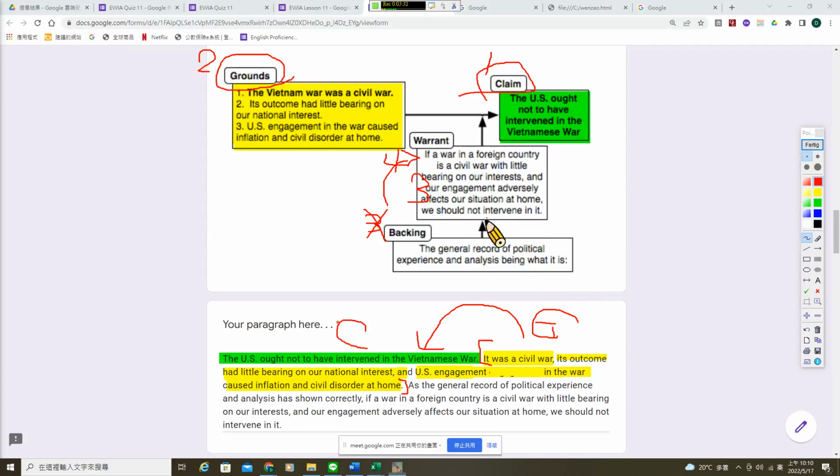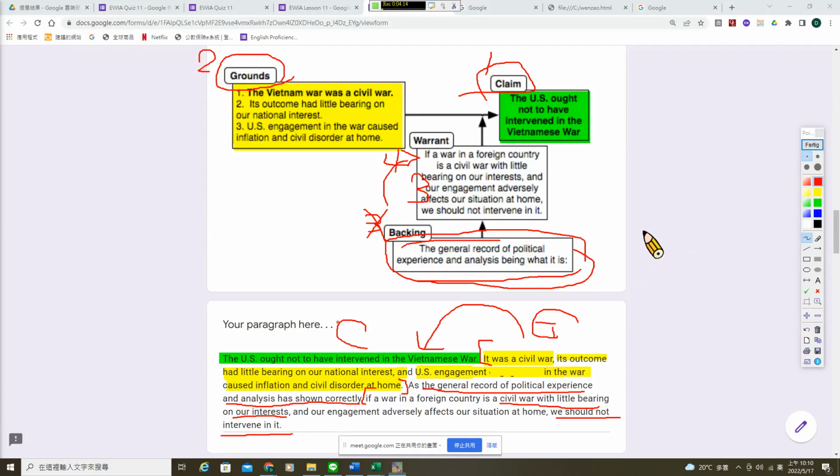Let's take a look at the other one. Number 3 and number 4, backing for the warrant. Warrant provides the connection between ground and the claim, right? So this is the backing: the general record of political experience and analysis shows this correctly. Then the warrant: if a war in a foreign country is a civil war with little bearing on our interests and our engagement adversely affects our situation at home, we should not intervene at all.